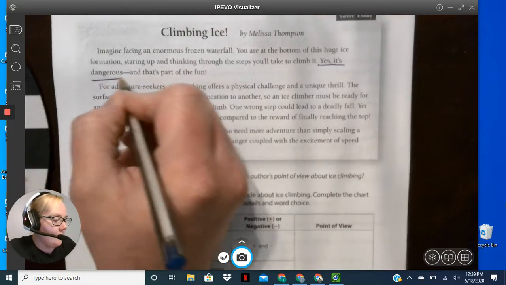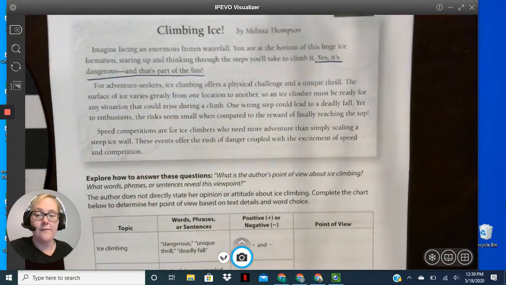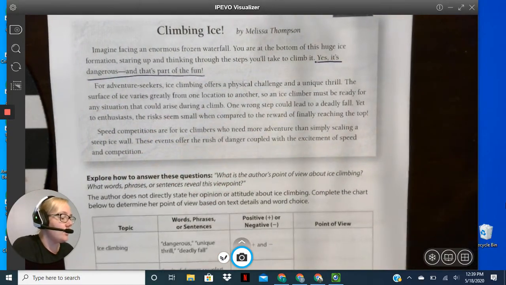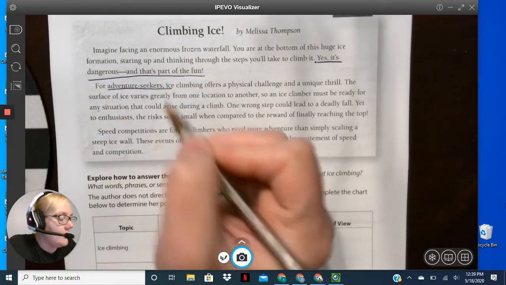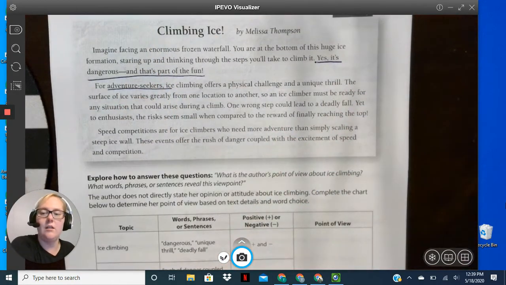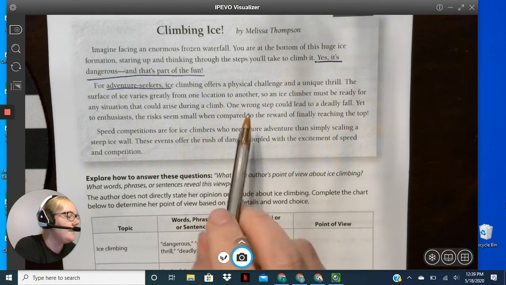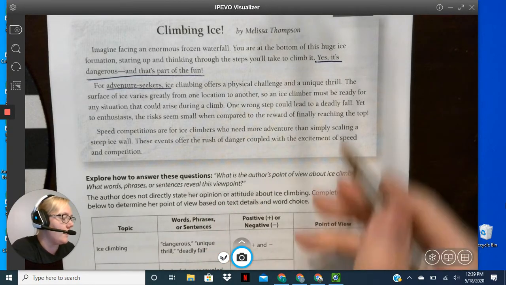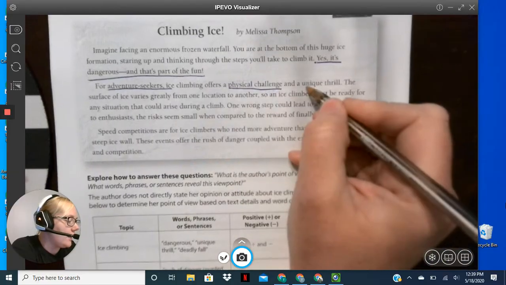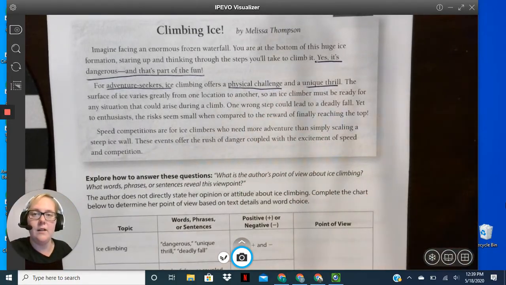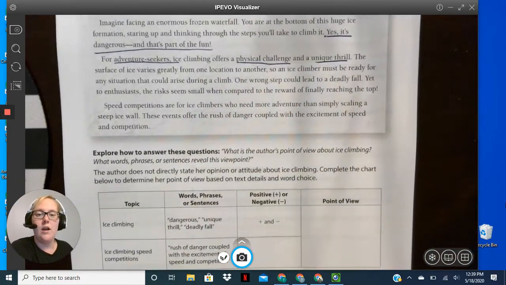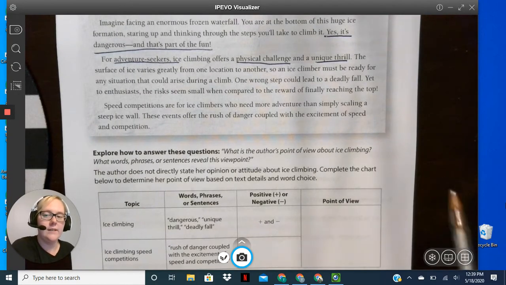So I feel like that's an important sentence for her point of view. For adventure seekers, and I'm going to put adventure seekers, it seems like important, strong language. Ice climbing offers a physical challenge and a unique thrill. Physical challenge, unique thrill. It helps me know what she's thinking and develop an idea of what her point of view is.